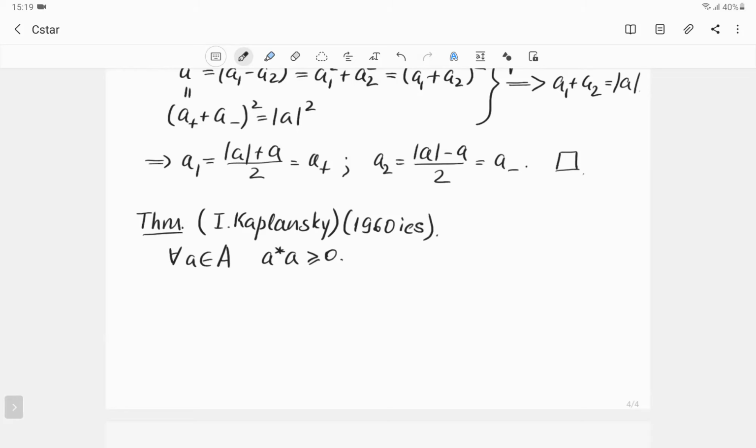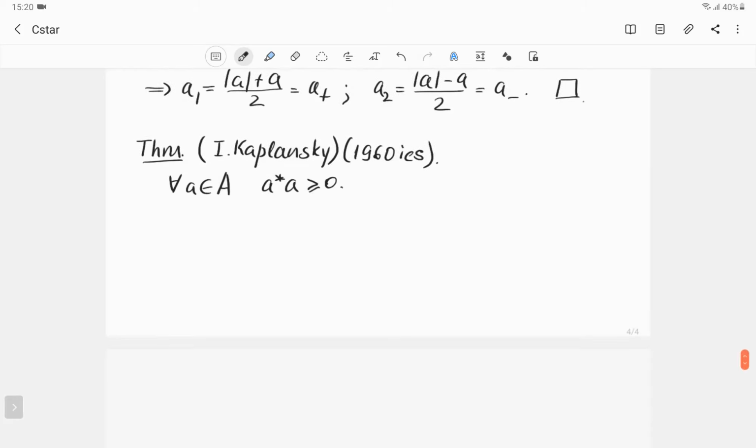The proof will be based on a couple of lemmas. Lemma 1. I claim that for each element x in our algebra, x star x plus x x star is positive.